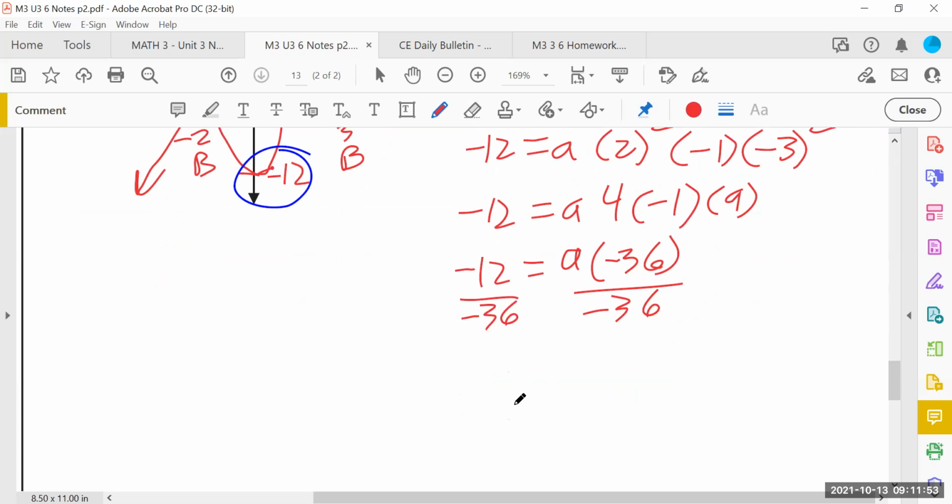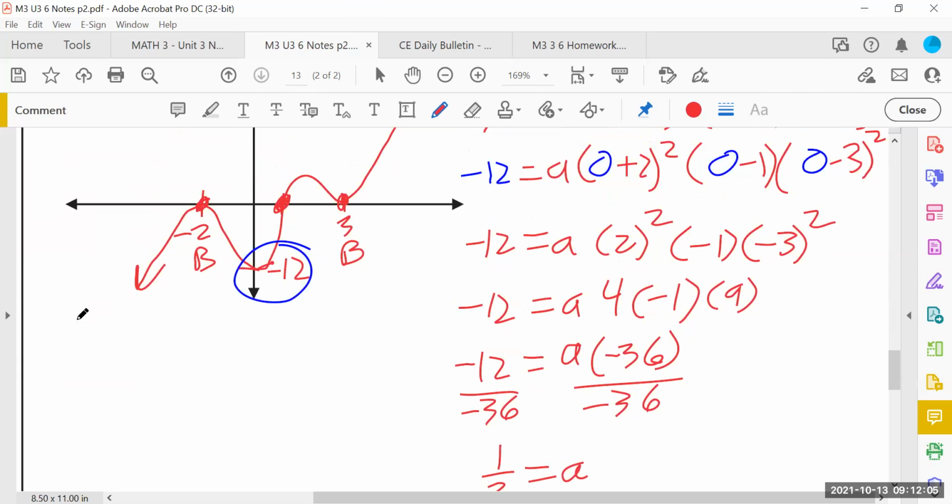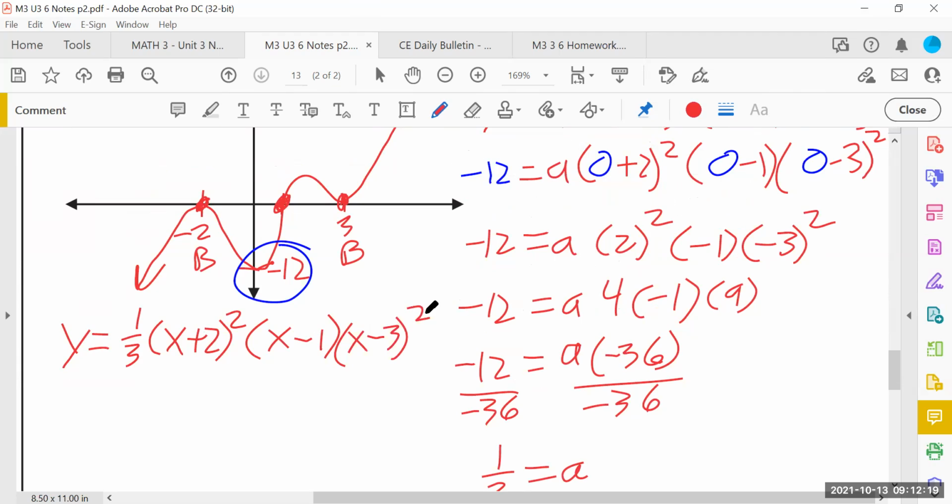And we end up with an A value of 1/3. So my final answer, full equation, y is equal to 1/3 times x plus 2 squared, x minus 1, x minus 3 squared. There's my final answer.